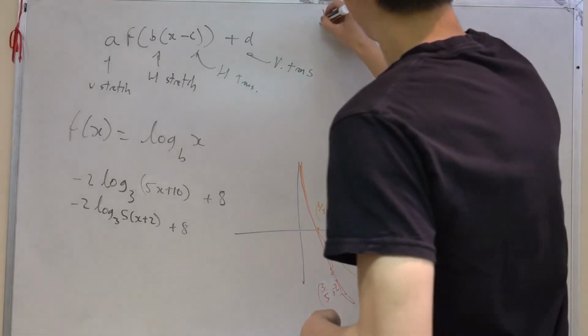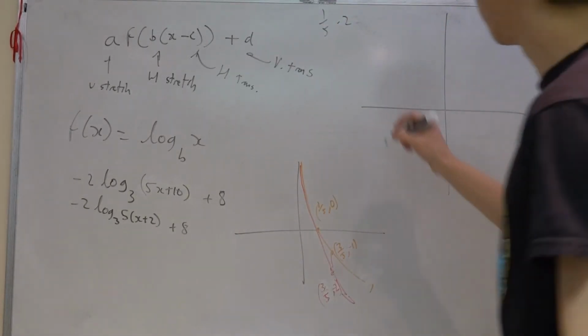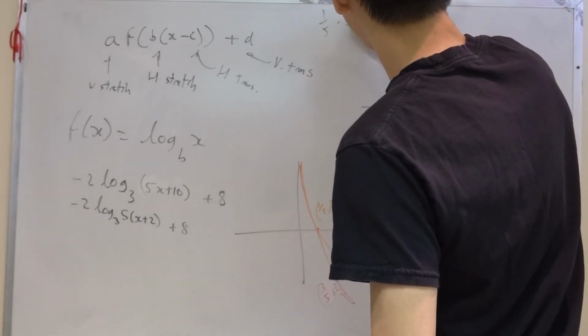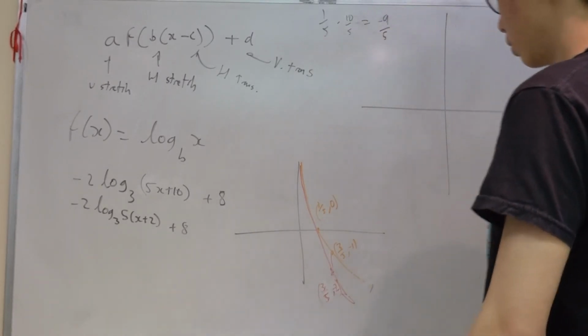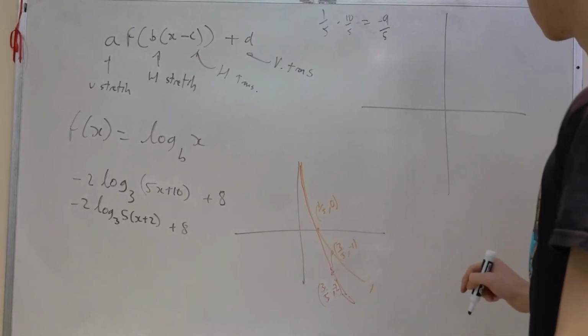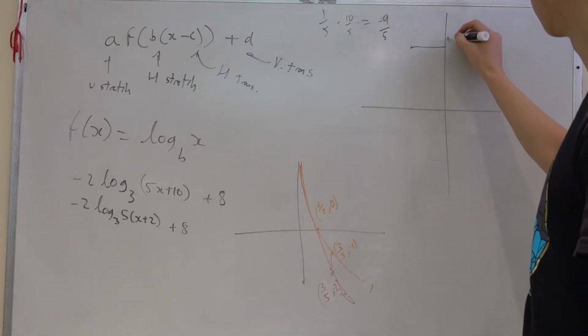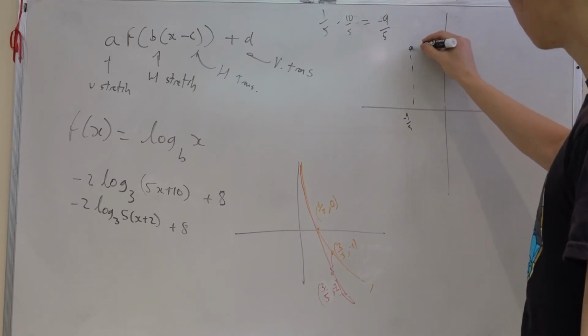So 1/5 minus 2 is equal to, well, 2 is equal to 10/5, so this is just -9/5. So this point gets sent to (-9/5, 8), and that's 1 point.